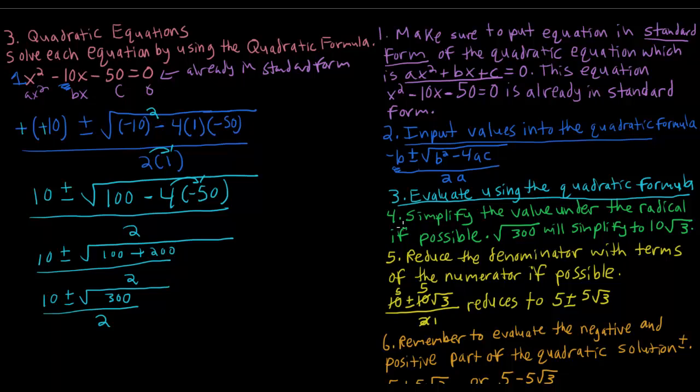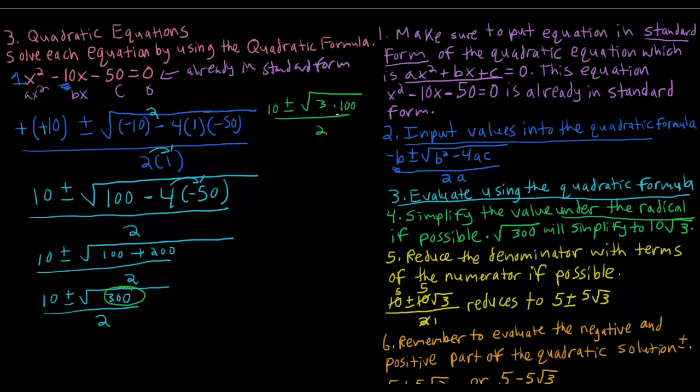Step 4 says to simplify the value under the radical, which is this value right here, 300, if possible. In this case, the radical, or the root of 300, will simplify to 10 root 3. So let's see how that works. To do that, we need to figure out what are multiples of 300. So we'd have 10 plus or minus the root of 3 times 100, because 3 times 100 is 300, over 2.